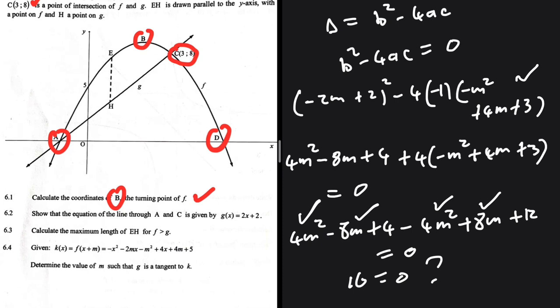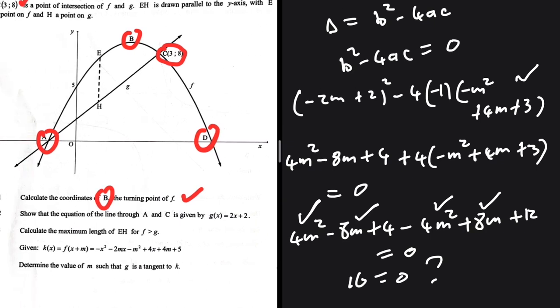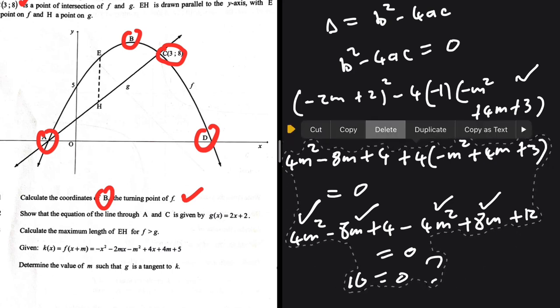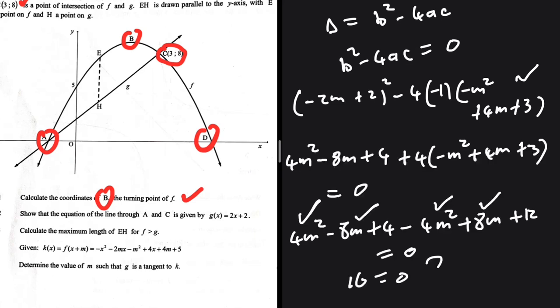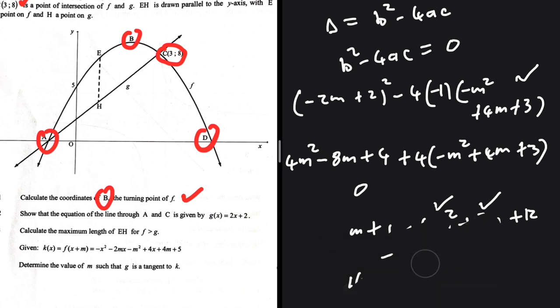I think the issue might lie here, because m cannot be 0, well, it can't be because the question just says determine the value of m. But let's re-evaluate these once more. I shouldn't have erased that. Let me erase some of it and not all of it.